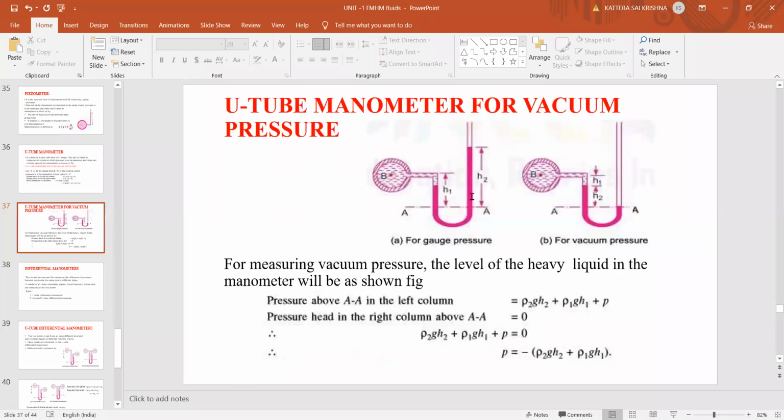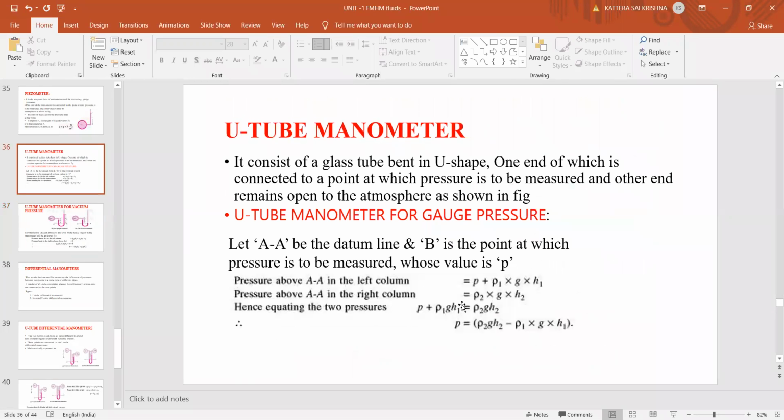So in the right limb you get only one pressure, the density of mercury rho 2 into g into H2. These are the two pressures above the datum line. At the datum line, the pressures in both limbs will always be equal. Hence, equating the two, the pressure above the datum line in the left column should be equal to the pressure above the datum line in the right limb.